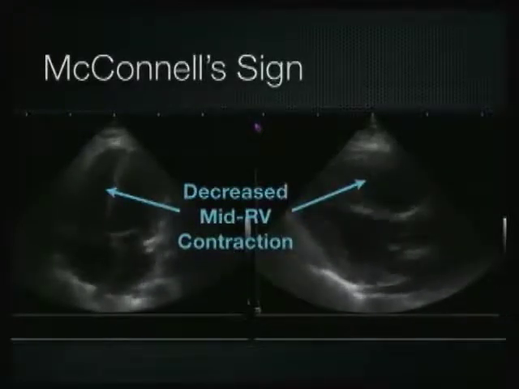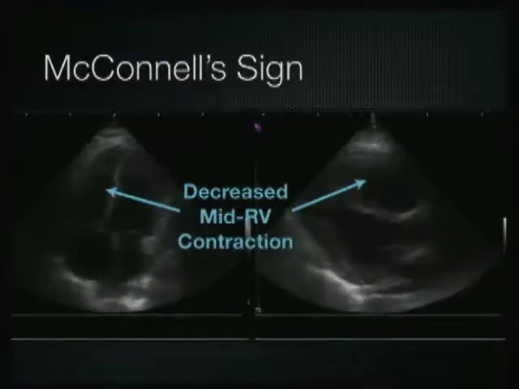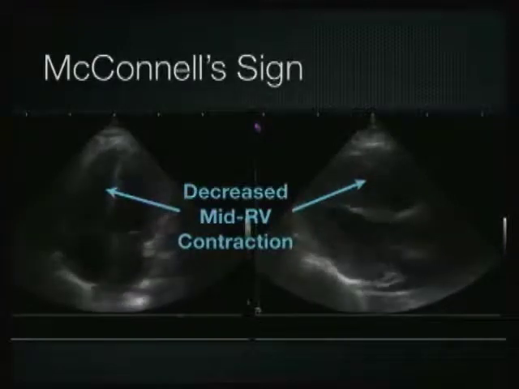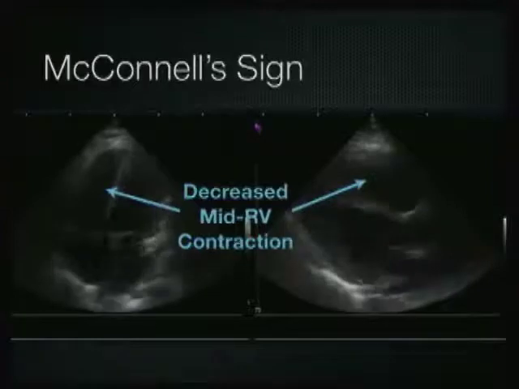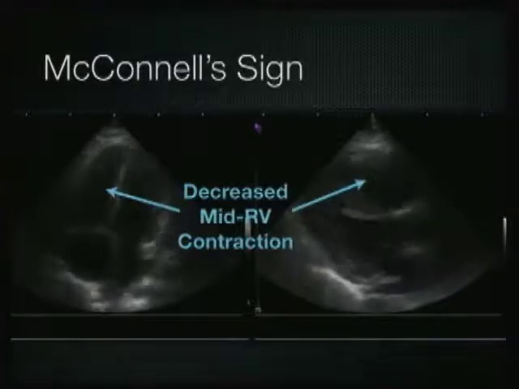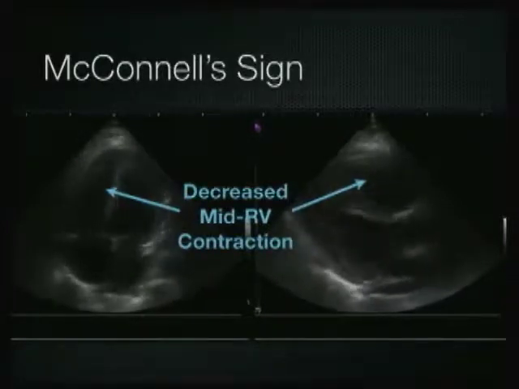A lot of people aren't exactly sure why this occurs. Some theories are that the apex of the RV is somewhat tethered to the LV, and the LV is still normally contracting, so that gives it the appearance of pulling the apex over. Some people also think that there might be some relative ischemia to the mid-RV, which causes the hypokinesis.